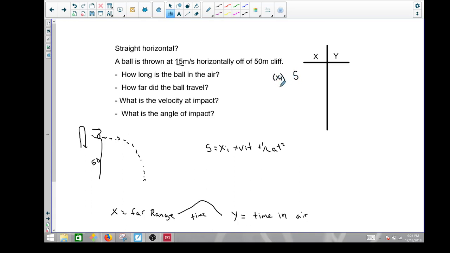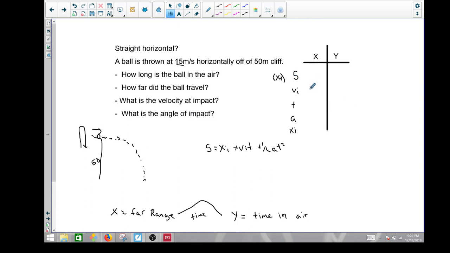It's the location at a specific time. vi is very common. Time is very common. Acceleration is very common. You could have a starting location xi, or x0. All right, so before we get started, anything happening here in the x component, that's how far we traveled horizontally. I can't put anything for distance because that's at a certain time.